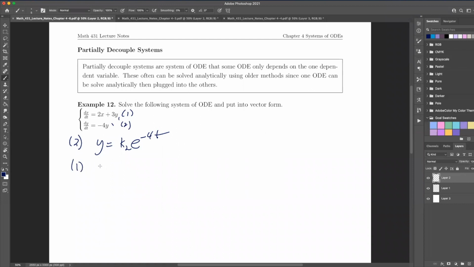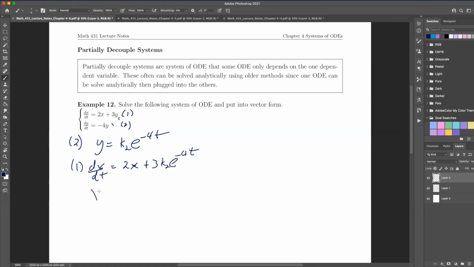And so here I'm going to say dx/dt is equal to 2x plus 3k2 e to the minus 4t. All right, so what am I going to do from here?